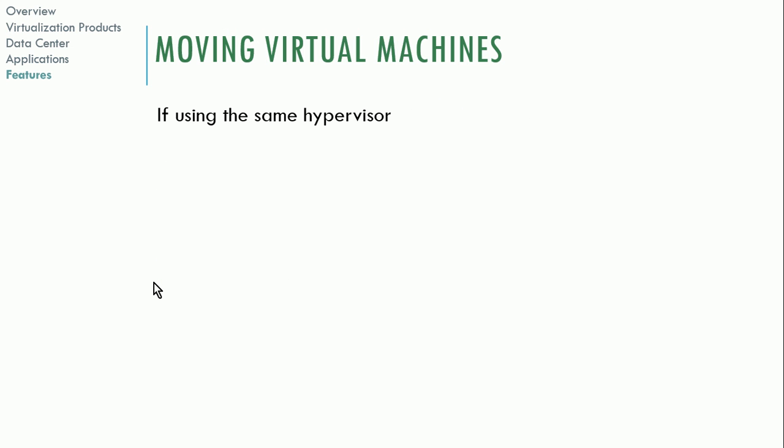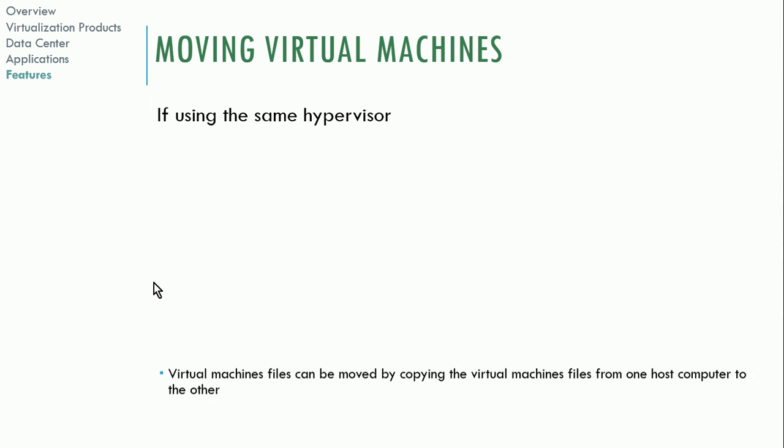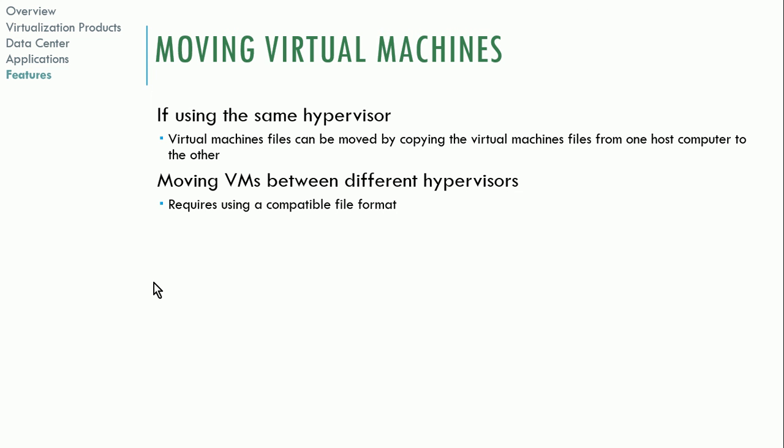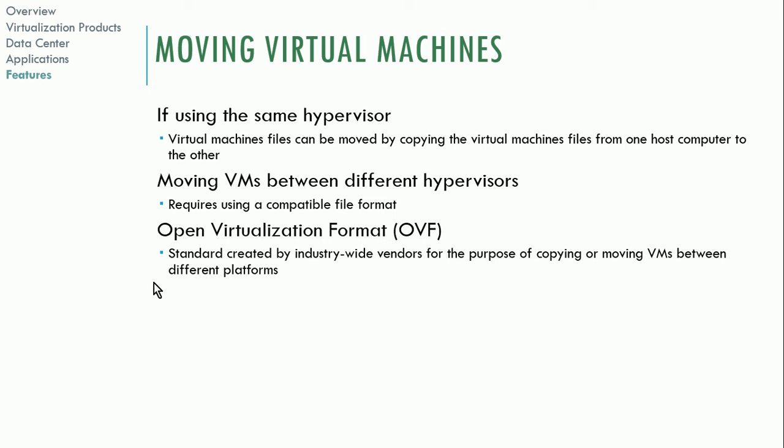If you're going to move a virtual machine, and you have the same hypervisor, it should be as easy as copying the files from one host computer to the other and then spinning up your virtual machine. But when you're going between different hypervisors, sometimes you have to use a compatible file format. The OVF format, or Open Virtualization Format, is one that's industry-wide. So if you use that format for your virtual disk, you should be able to move it between different vendors.